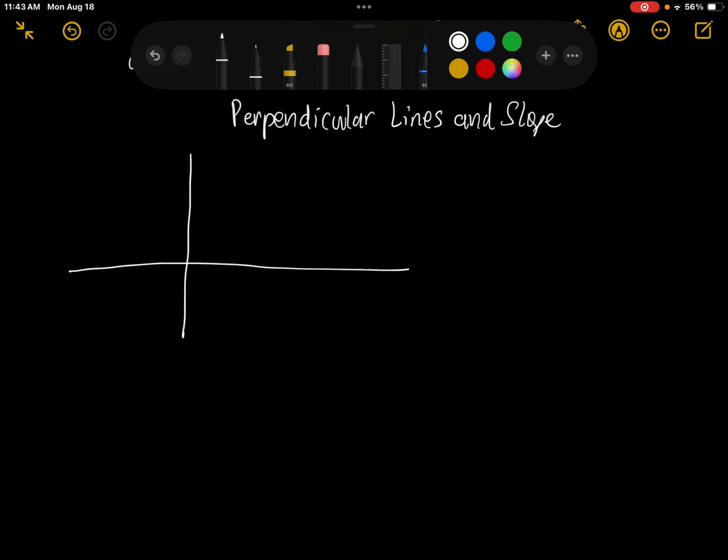the first perpendicular line, one line, so here you have the x-axis, here's the y-axis. Let's say that you have a line with slope a third, going through the origin. And suppose that you have a line that's perpendicular to it.